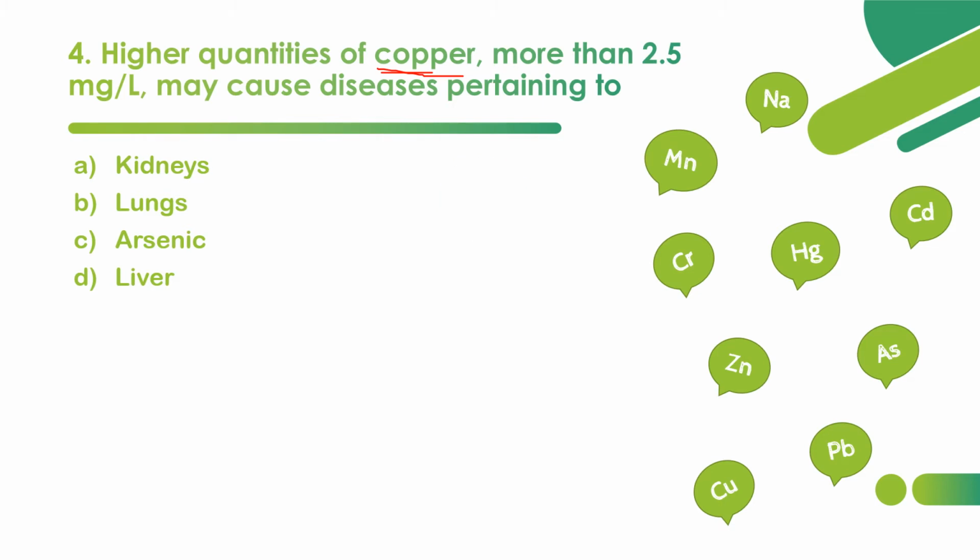So if higher quantities of copper are present in drinking water, it causes diseases related to what? So the answer is option B, lungs. Lung diseases caused by higher quantities of copper.